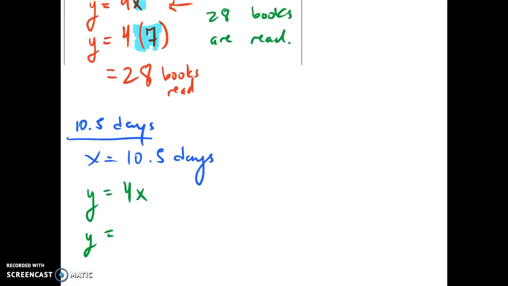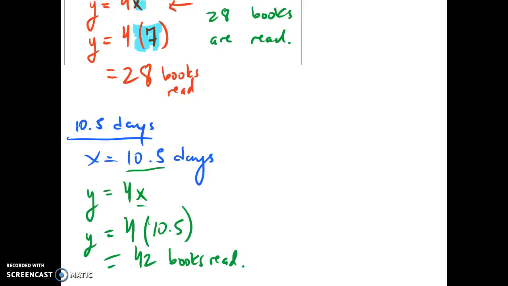The y stays, we have nothing to replace y with. And we substitute our x in our equation with 10.5. So it's going to be 4 times 10.5. We get y equals 4 times 10.5, and this is 42 books read.